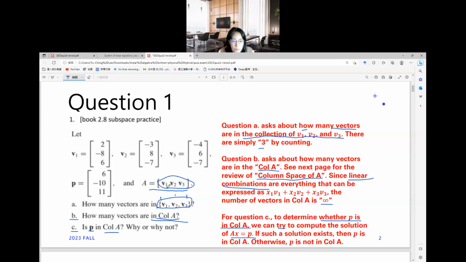If the system AX equals P has a solution, either a unique solution or infinitely many solutions, then we can conclude that vector P is in the column space of A. Otherwise, if the system has no solution, then we conclude that P is not in the column space of A.